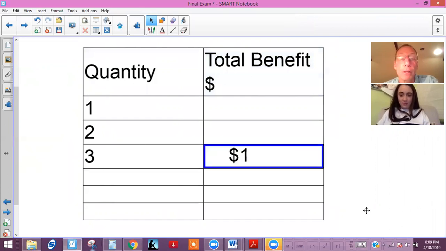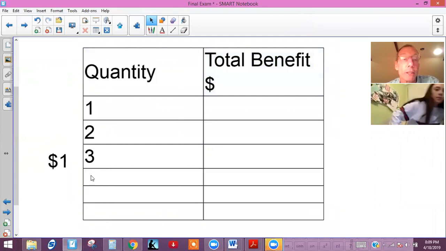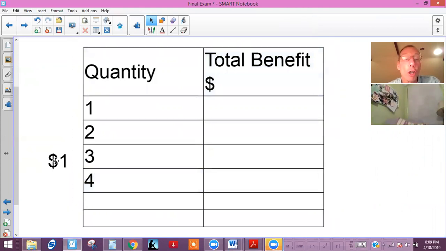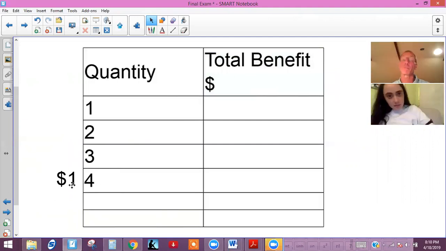The important thing to understand is that if each of these apples cost $1, the marginal cost of the 4th apple is what? $4? No, that's the total cost. If you bought all 4, the marginal cost is the price. Remember, it's $1, so the marginal cost is the price.